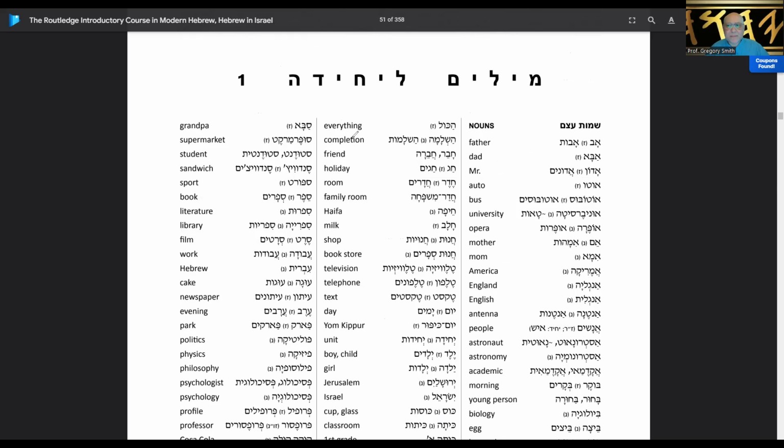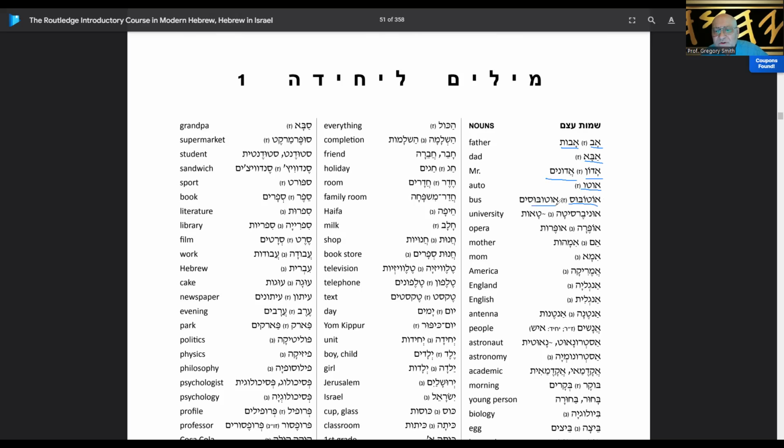Okay, we've got Ab for father, Avot for fathers. Abba literally means dad. Let's see, Adon, Mr. Adonim. Okay, let's see, Oto, like for automobile.